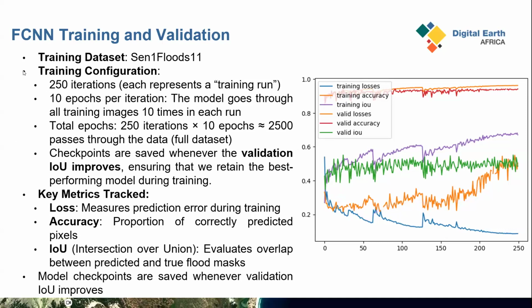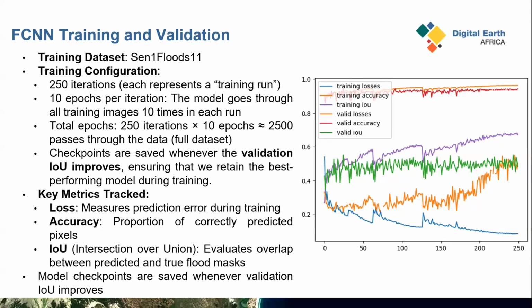That orange line is the validation loss. It will initially reduce, but when it starts rising, it suggests that our model is possibly starting to overfit. And in that case, we can make the decision to stop training early or apply stronger data augmentation. So these are decisions that you can make.